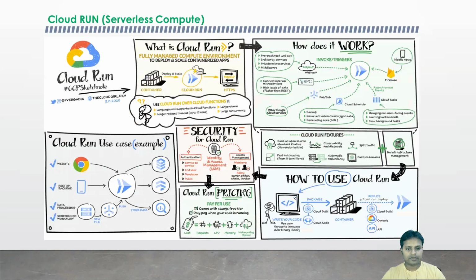Can I ask one question here? Yes, go ahead. So, what I just understood is that a container is an image consisting of the entire application, all the libraries and its interdependencies together.